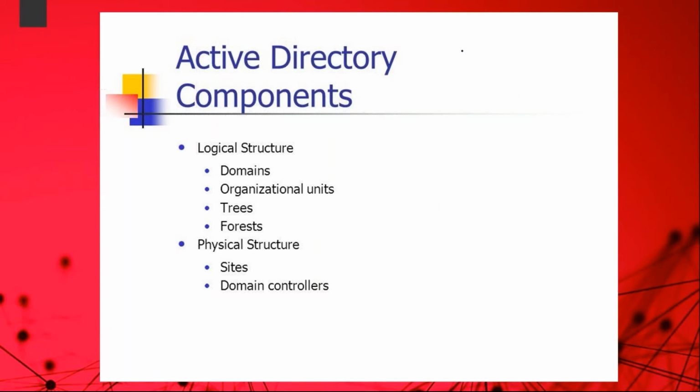LDAP is just a vendor neutral application protocol. Just remember that. Vendor neutral means it does not depend on who the vendor is. It is used to maintain distributed directory information in an organized manner.